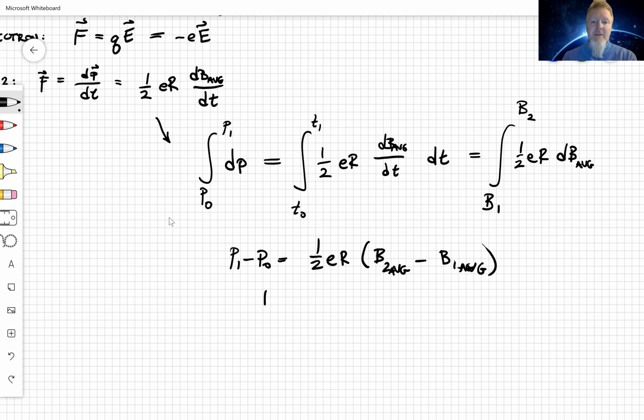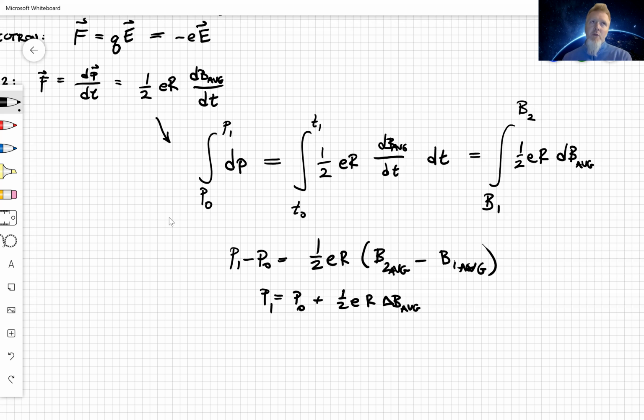So in other words, the linear momentum of the thing has increased at some rate due to the magnetic field increase. Pretty cool, right? So you're increasing the momentum of the particle by varying the magnetic field.